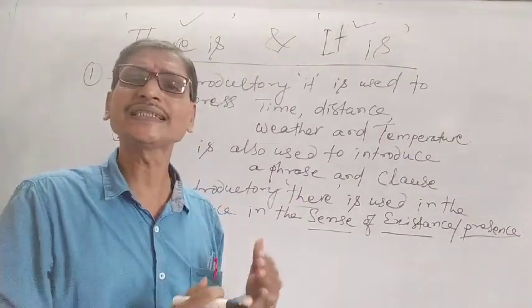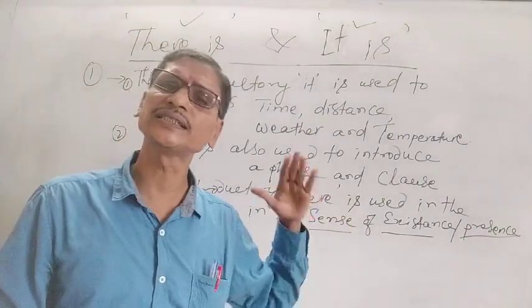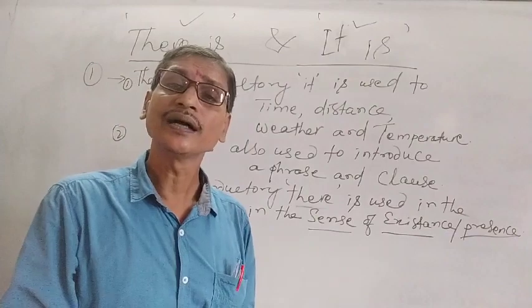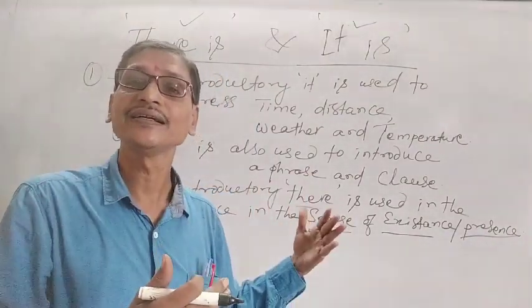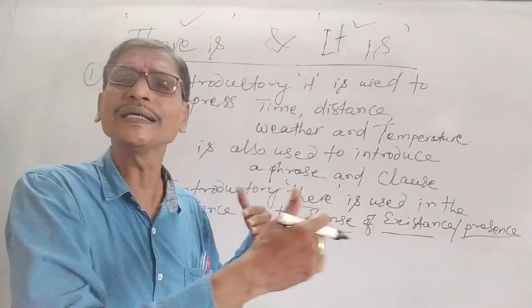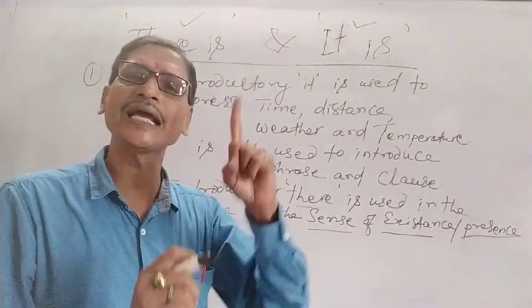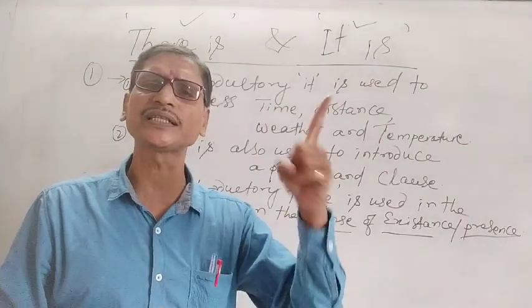But the difference is that "it" always takes a singular verb with it. On the other hand, when we use introductory "there", the verb that comes after "there" should agree with the real subject. There is a pen. A pen is the real subject, a singular subject, therefore we have used "is".